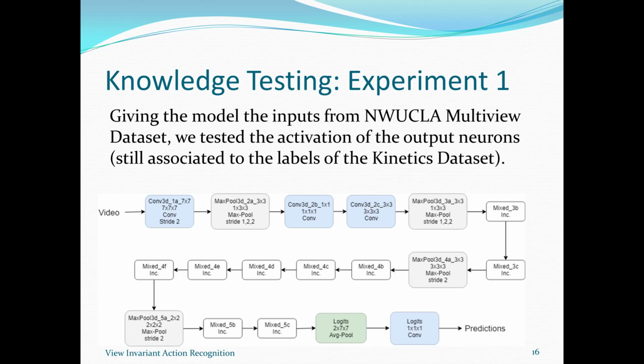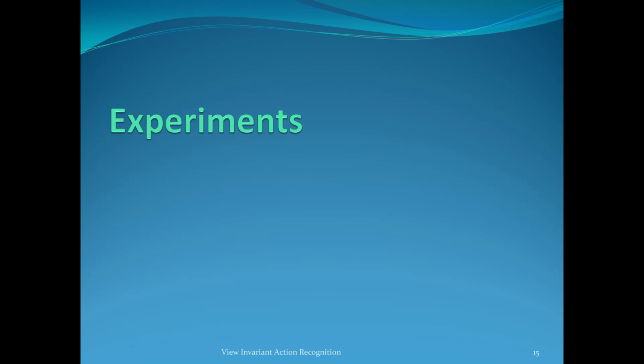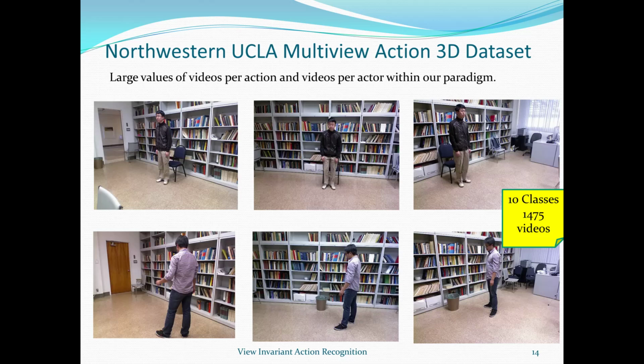We took this entire model, the way it was, set up for 400 classes, and we gave it the Northwestern UCLA multi-view data. The full name is the Northwestern UCLA multi-view 3D dataset, but although it's a 3D dataset, we are only using 2D video information, and I'll continue calling it the UCLA dataset because it's a very long name.